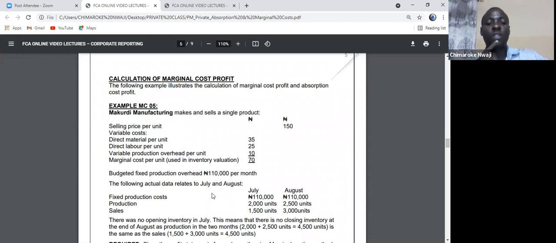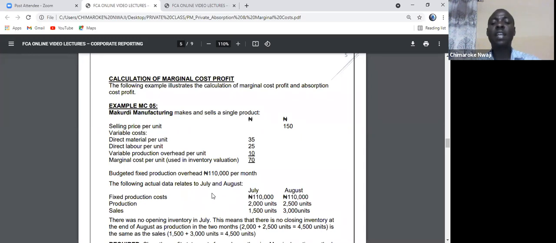Variable costs: direct material costs 35 naira, direct labor costs 25 naira, variable production overhead costs 10 naira. When you add all of them together, you have a marginal cost per unit used in inventory valuation of 70 naira.